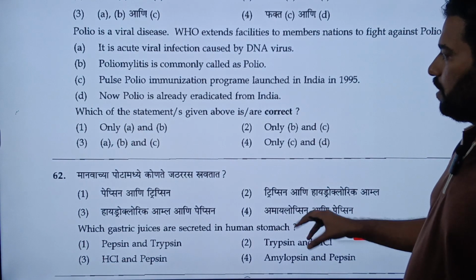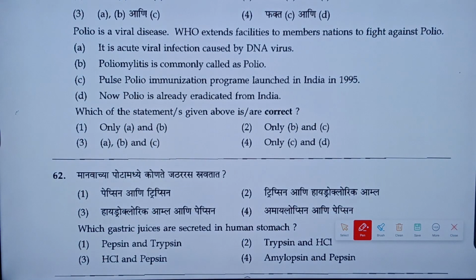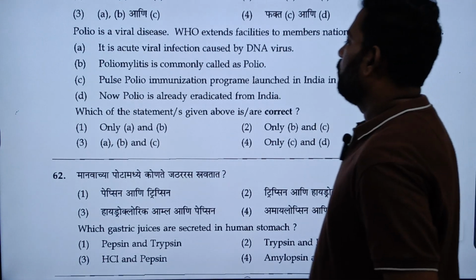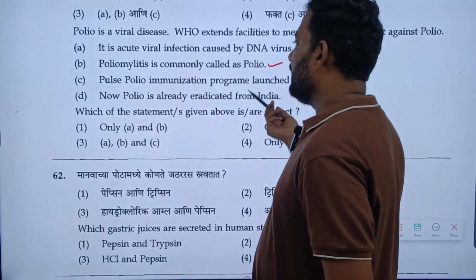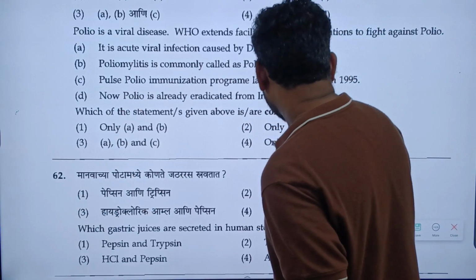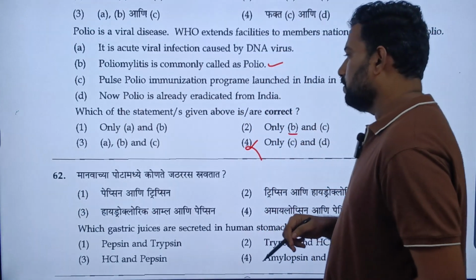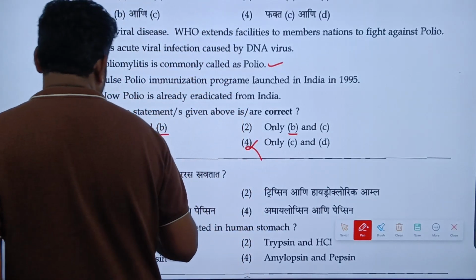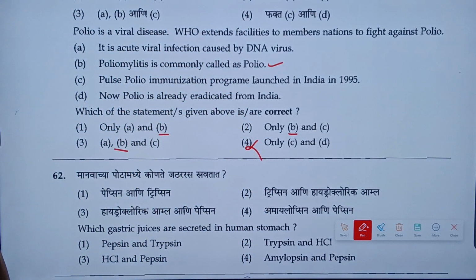So carefully look at the options. Poliomyelitis is commonly called polio is a right statement. B, eliminate this option. It is an acute viral infection caused by DNA virus.